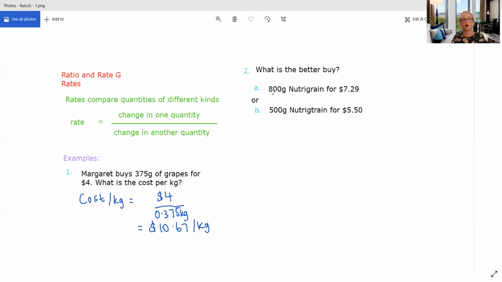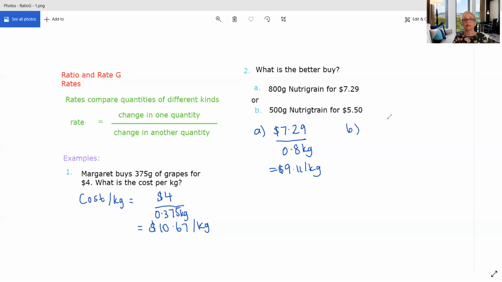Well, to work out the better buy, we want to work out the cost per kilo would make sense, hey? Or even the cost per 100 grams, the cost per kilo is fine. So A costs $7.29 for 0.8 of a kilogram. When we work that out, we get $9.11 per kilo.